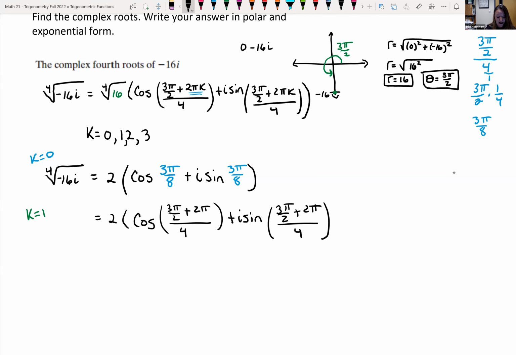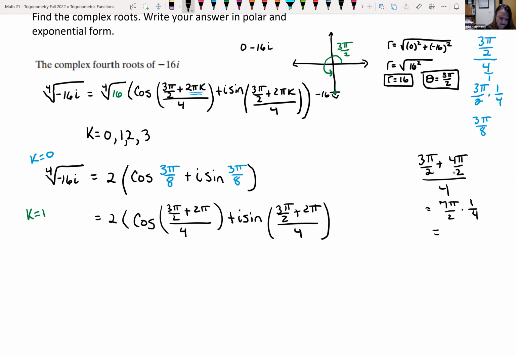So that 2 pi, I can multiply by 2 over 2. And so I have really 3 pi halves plus 4 pi halves all over 4. So that gives me 7 pi halves. Doing some work on the side, times the reciprocal of 4, which is 1/4.